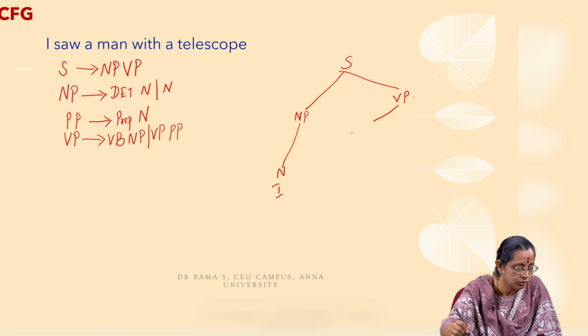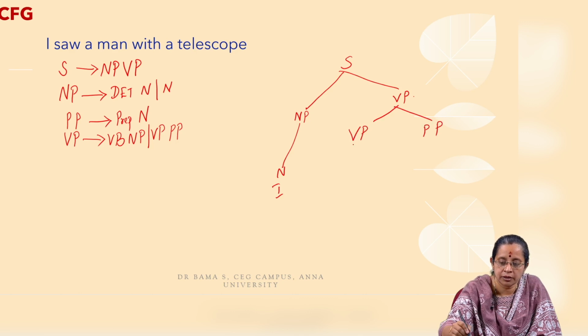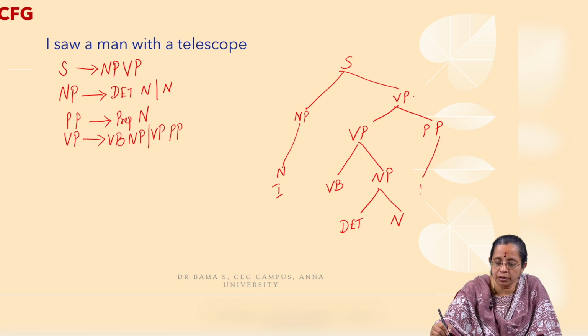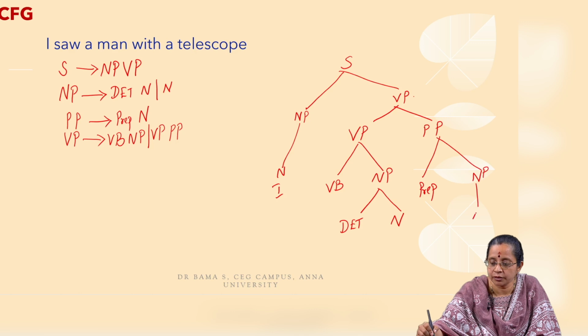VP goes to VP and a prepositional phrase, and this VP goes again to a verb and a noun phrase. A noun phrase can have a determiner and a noun. The prepositional phrase can have a preposition and an NP, which can be a noun phrase.